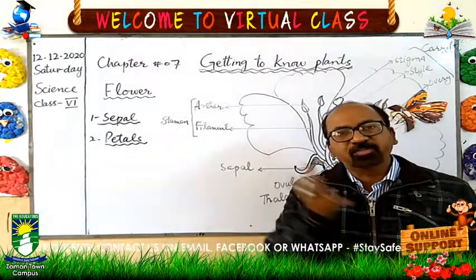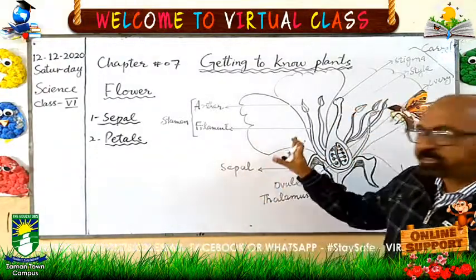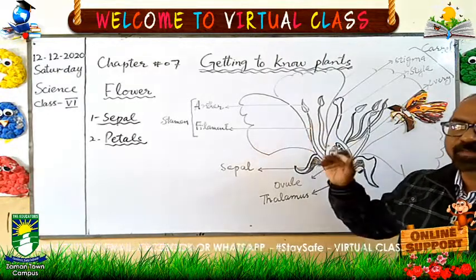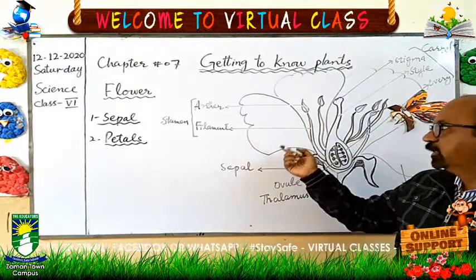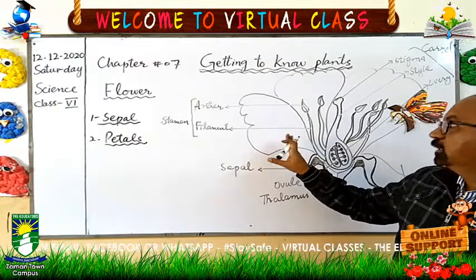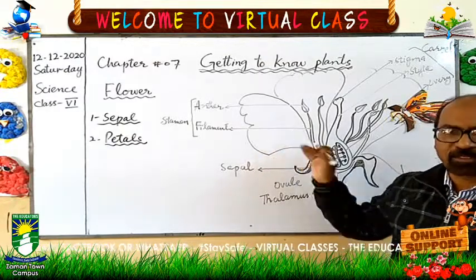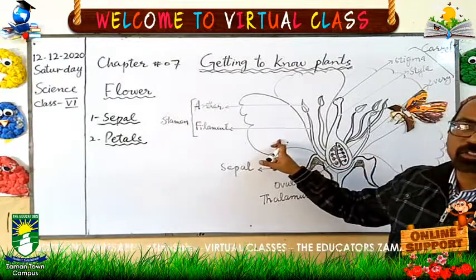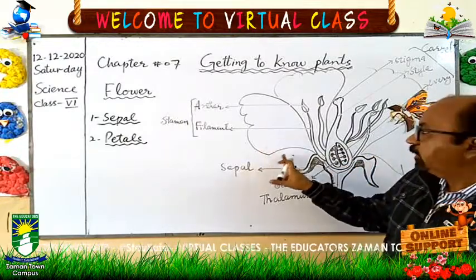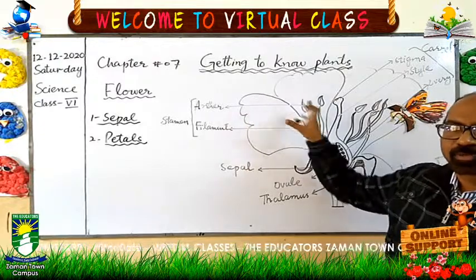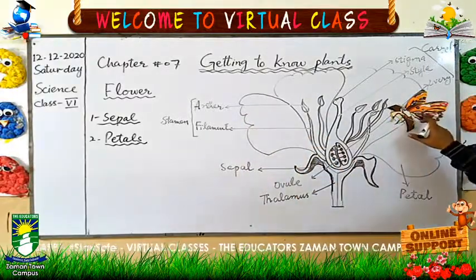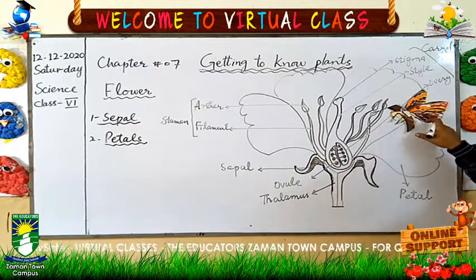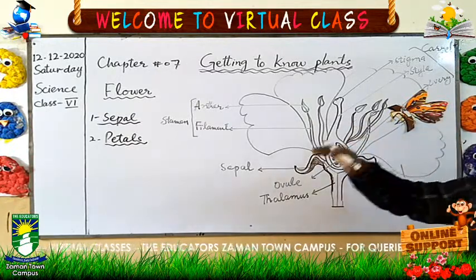They enhance the beauty of the flower, and the petals are the part which have the fragrance, the scent. Due to the beautiful colors and the beautiful fragrance, different insects are attracted towards the flower, and these insects help in pollination.